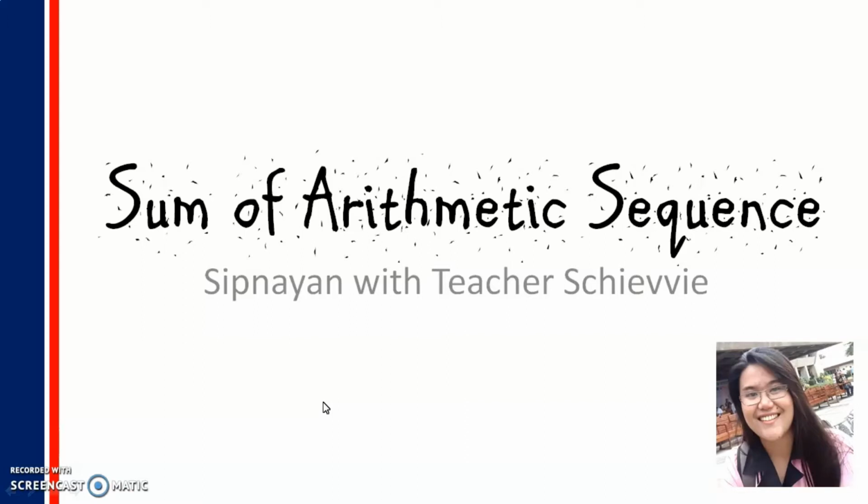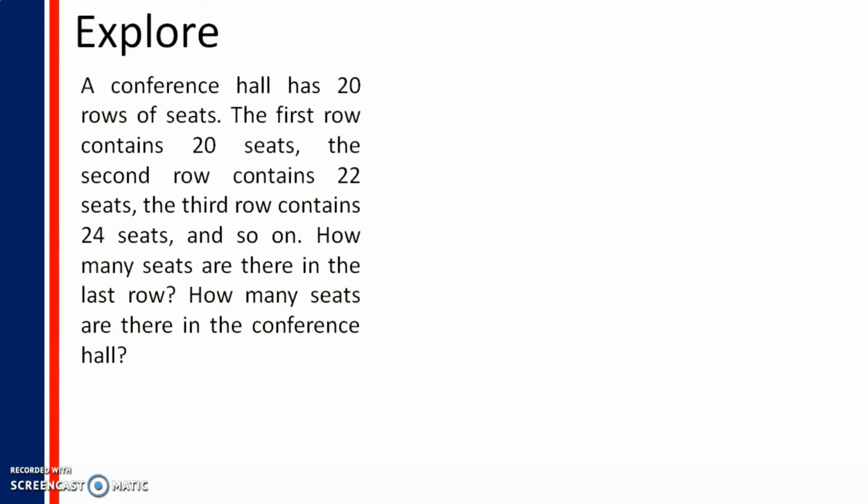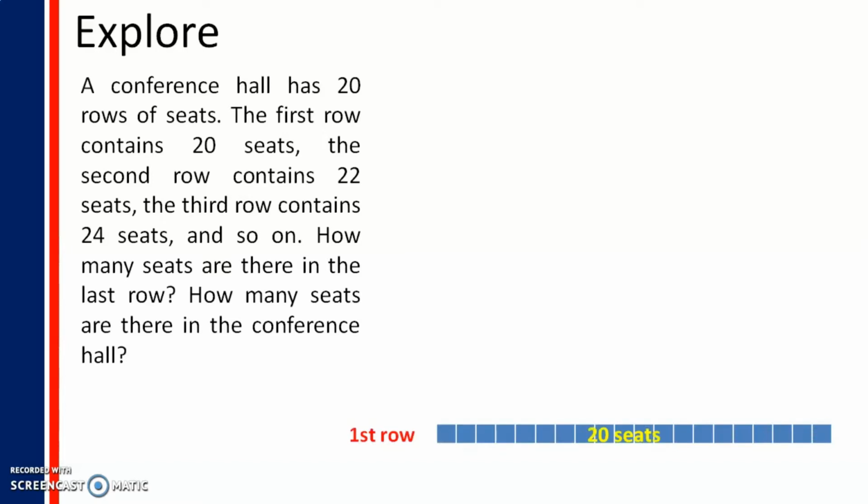But first, let us have an exploring part before we move on with our lesson for today. Let's have this problem here. A conference hall has 20 rows of seats. The first row contains 20 seats. The second row contains 22 seats.